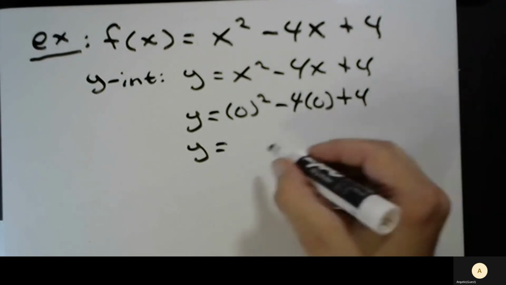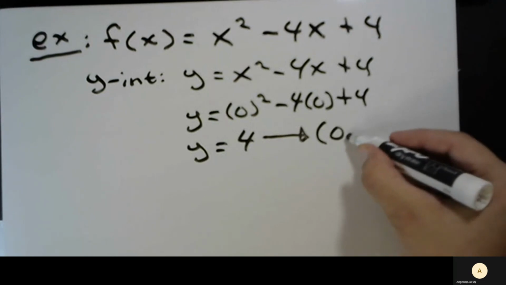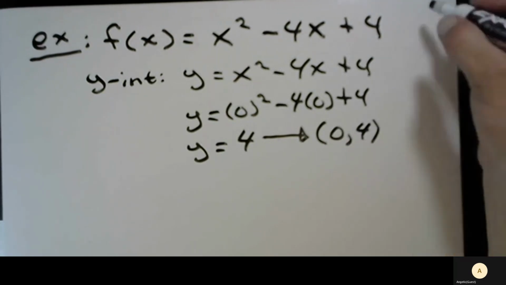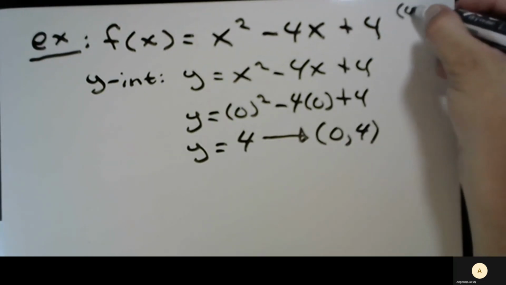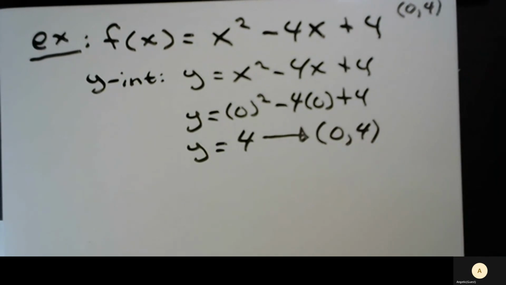It's 0 minus 0 plus 4 is 4, 0, comma 4. So that's the y-intercept.